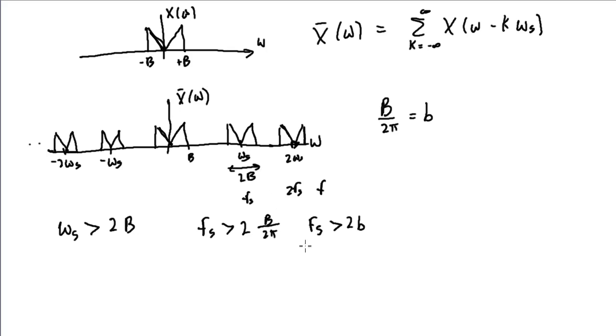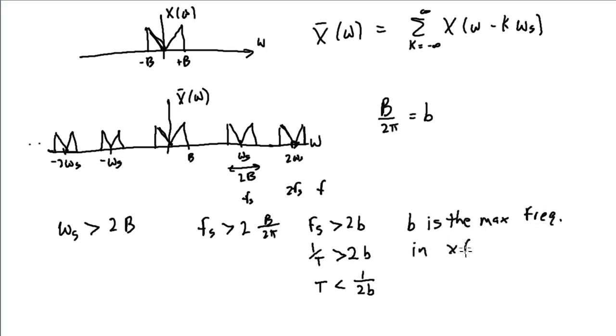Or equivalently, since f of s is equal to 1 over t, 1 over t has got to be greater than 2 lowercase b, or the reciprocal of this, the sampling time, has to be less than 1 over 2b, where b is the max frequency in x of t.